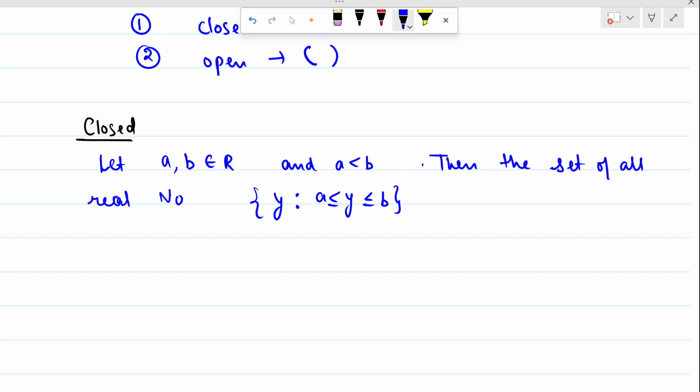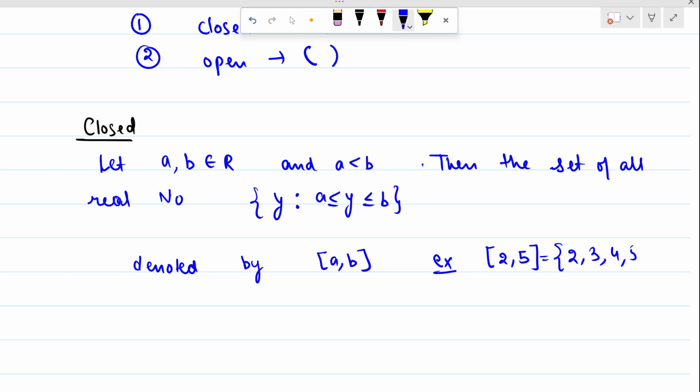It is denoted by square brackets [a, b]. For example, [2, 5] is equal to 2, 3, 4, 5.